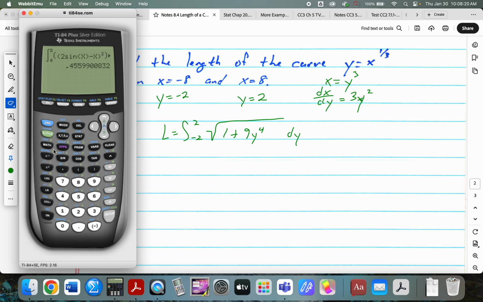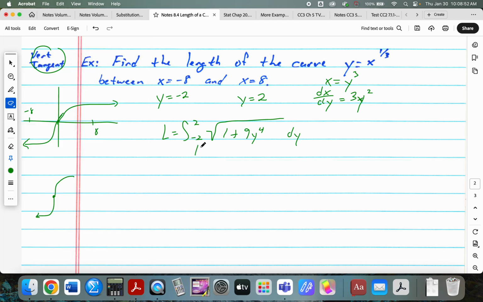Math 9, -2 to 2, the square root of 1 plus 9x raised to the 4th with respect to x. So it's approximately 17.261.